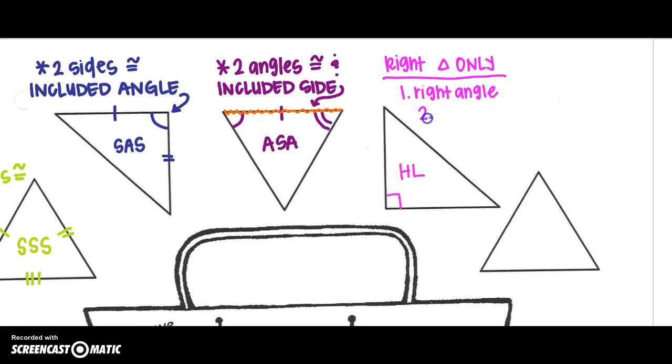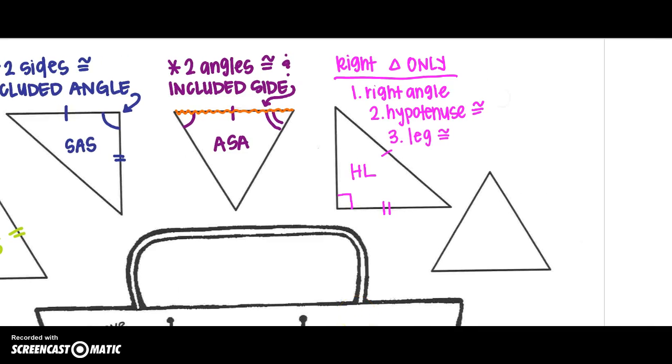We also need, kind of like the name itself, H stands for the hypotenuse. So the triangles need their hypotenuse to be congruent. Remember, that's the side that is directly across from that right angle. And we also need a leg, and it doesn't necessarily matter which leg you have, but the legs that are congruent need to be corresponding.